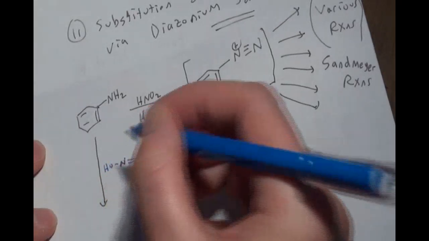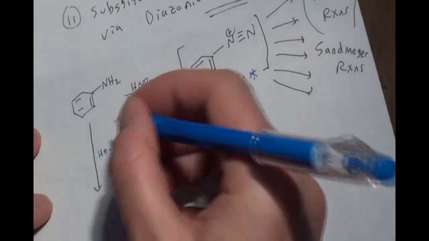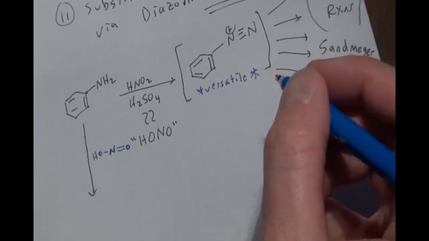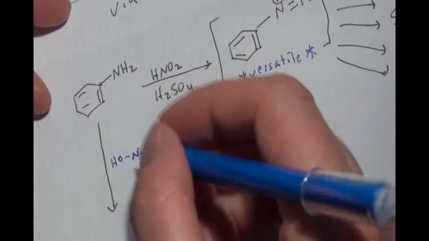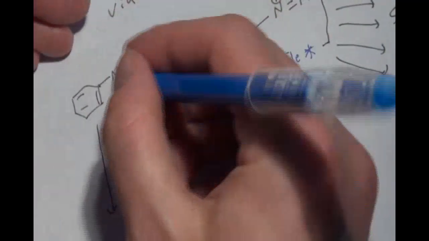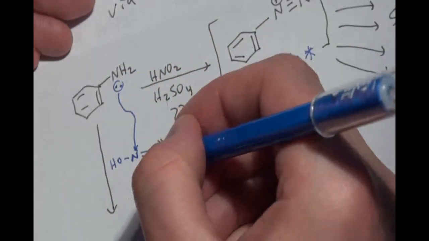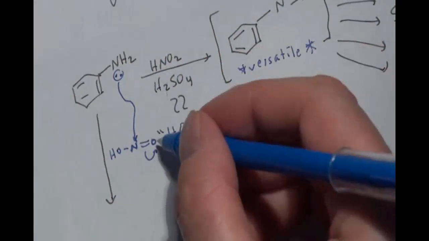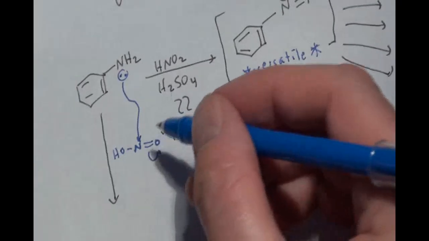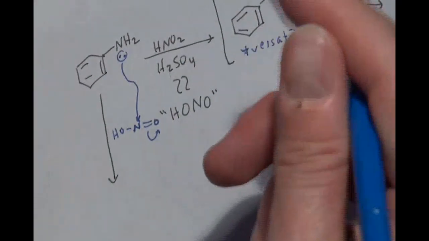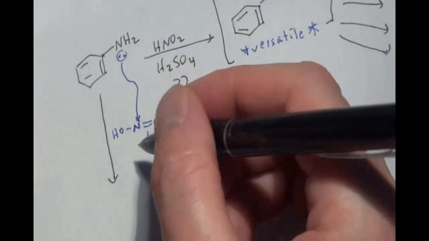So there's nitrous acid. It's H-O-N double bond O. And nitrogen attacks. You could protonate the oxygen initially if you like. I'm not going to do that. I'll just protonate it in the next step. Okay, so what does that give us?